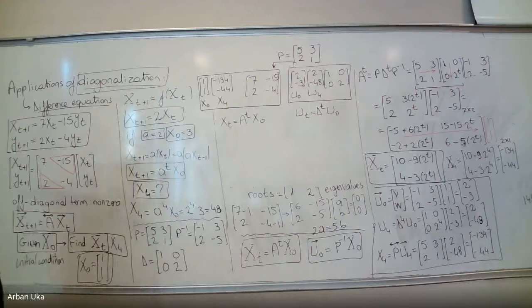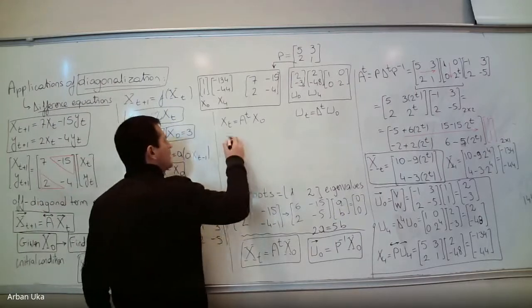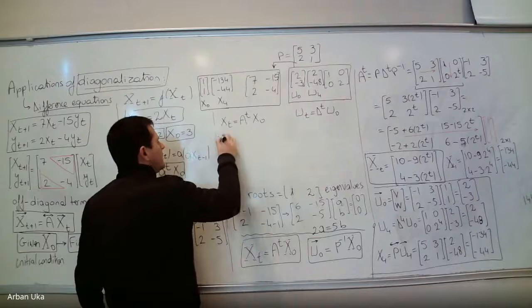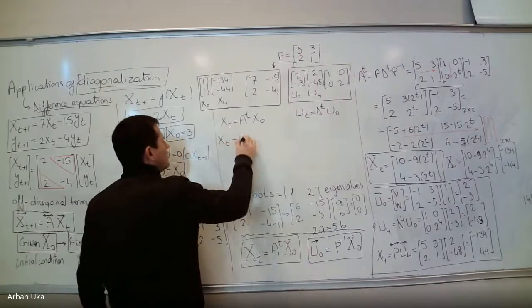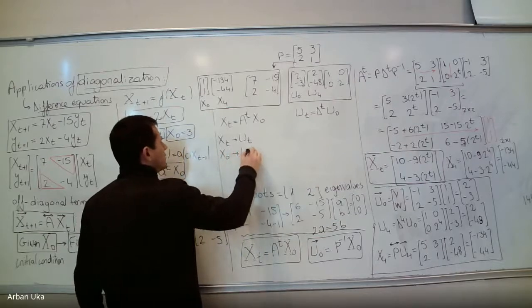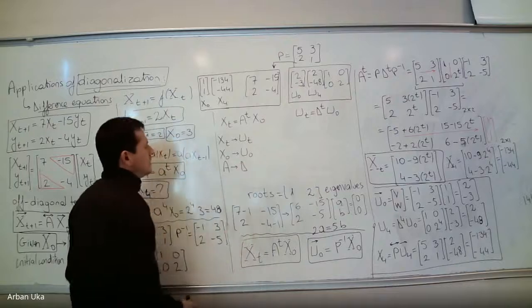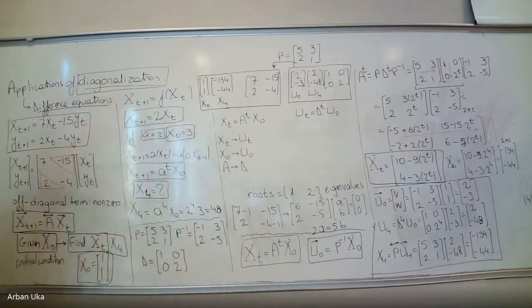So everything has its own equivalent. xt we denote with ut, x0 in the new domain is u0, and the matrix A in the new domain is D. So all you need to do is substitute wherever they are.